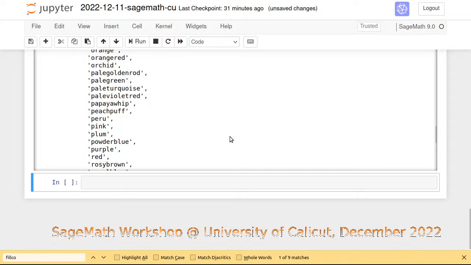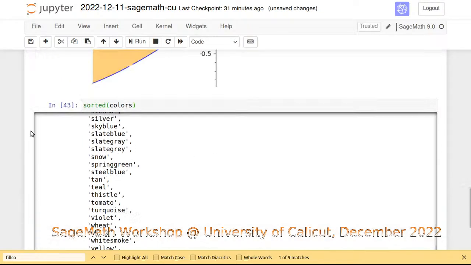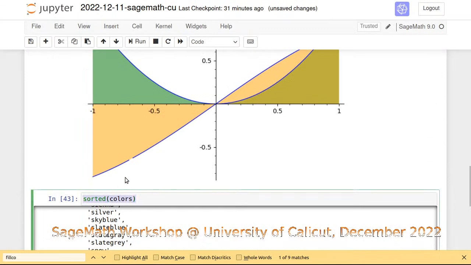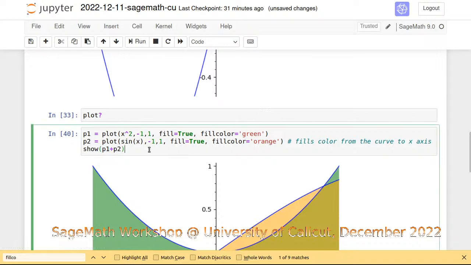Otherwise, we may have to use RGB coloring. Okay, the sorted colors, that's the command I used. Let me update the Google Sheet with this. Yes, updated.